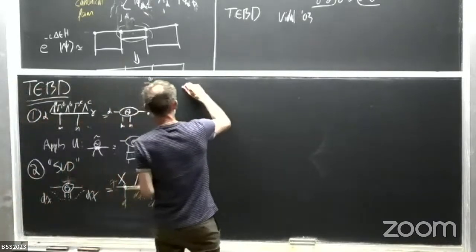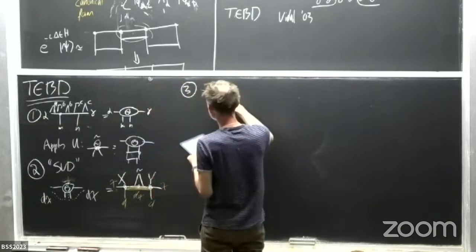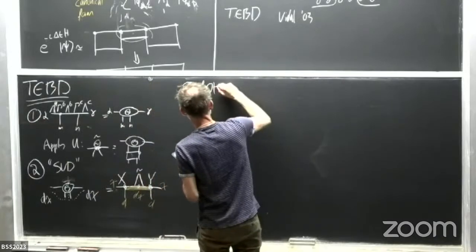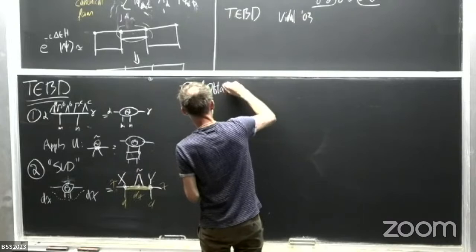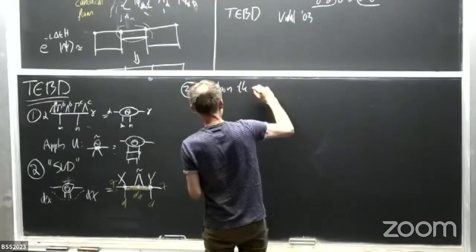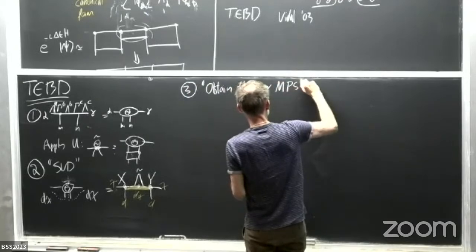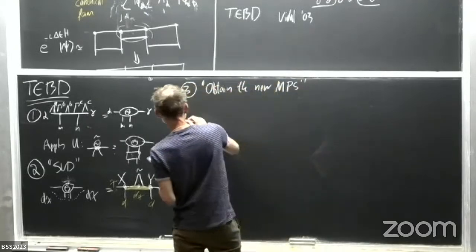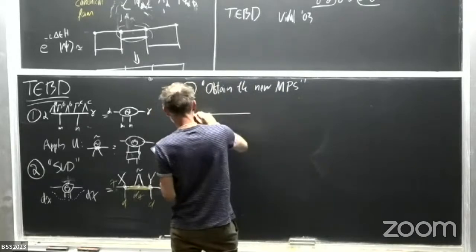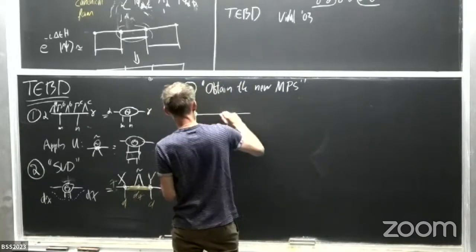So now we have the third step, which we can call obtain the new MPS. In that step, I'm taking my MPS and I'm just inserting an identity.